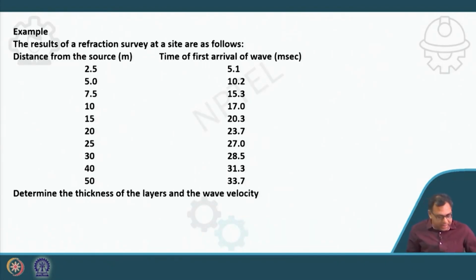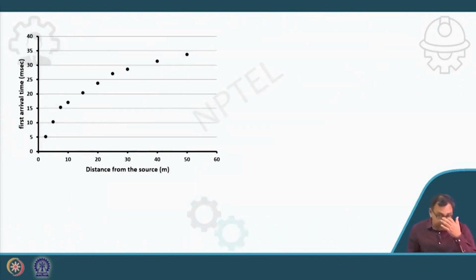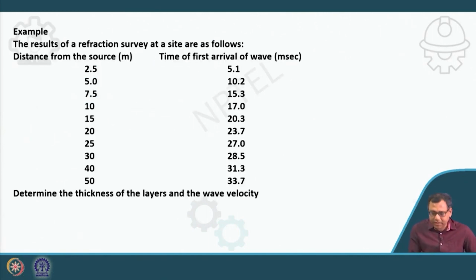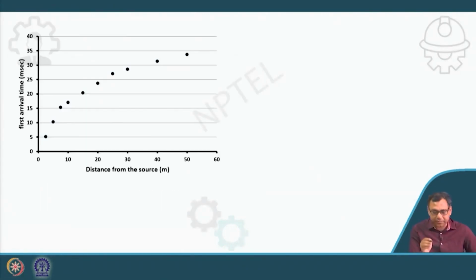Now, I have drawn these points in a graph. The x axis is distance from the source in meter and the y axis is first arrival time, which is in millisecond. If you look at this graph, you will find there are 3 distinct changes of slope in the plot.